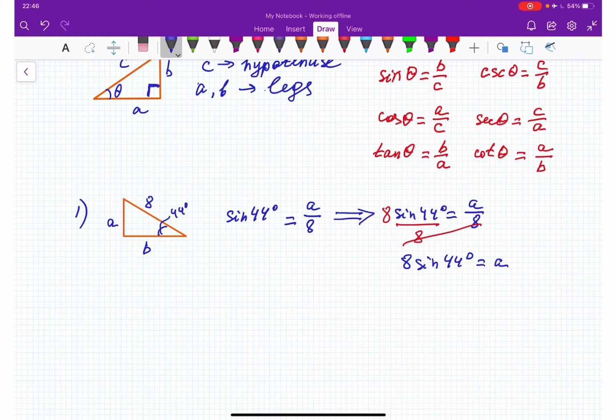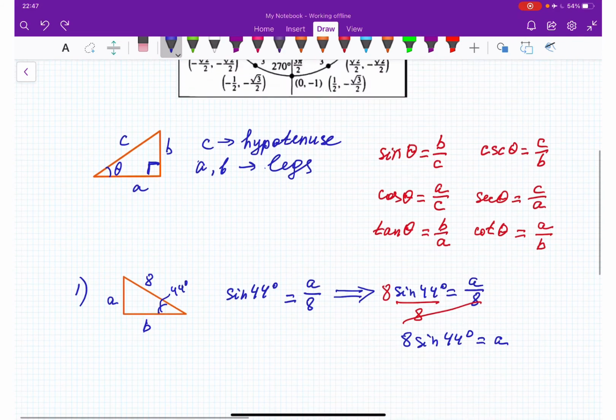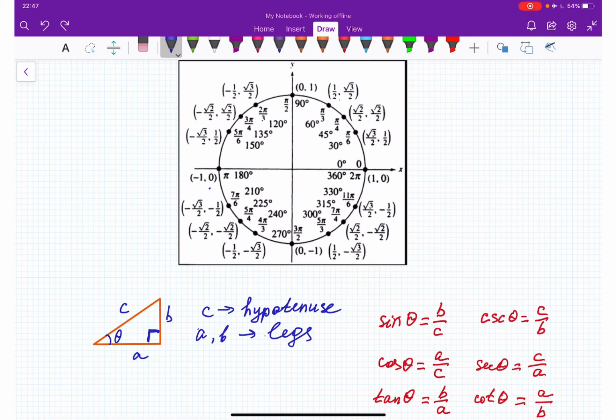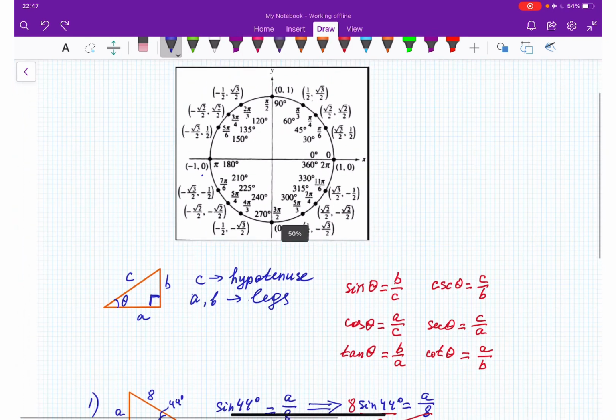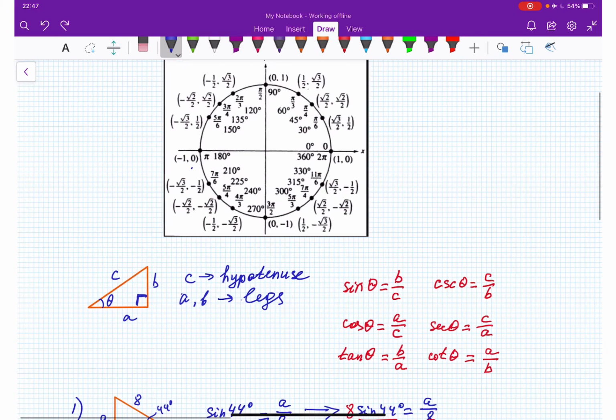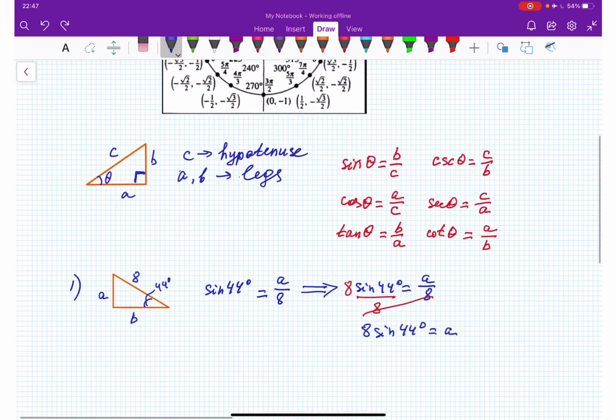Now, since I need to get the exact value of the side, because I need to get the size of A, I can move ahead once I know sine 44 degrees. I cannot use the unit circle table trick here because I don't have 44 degrees. In cases like that, I'm going to use a calculator.